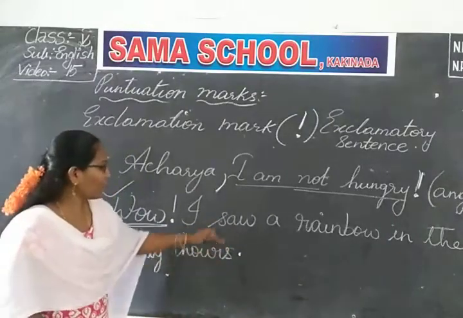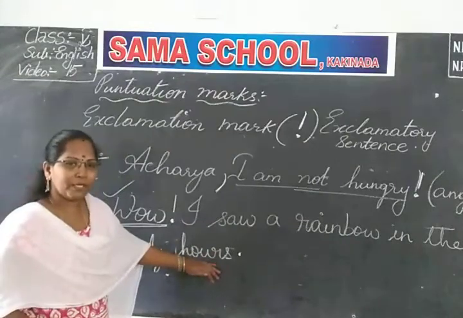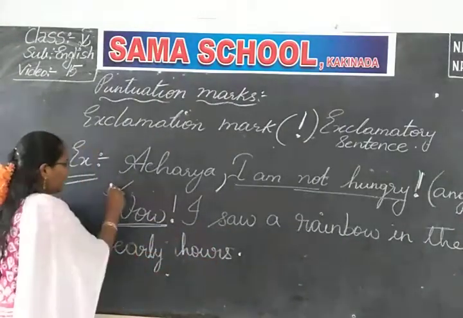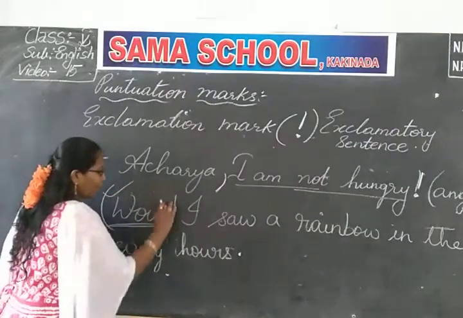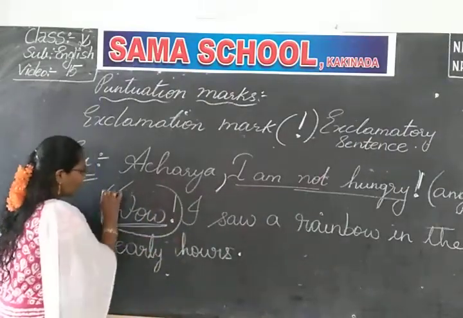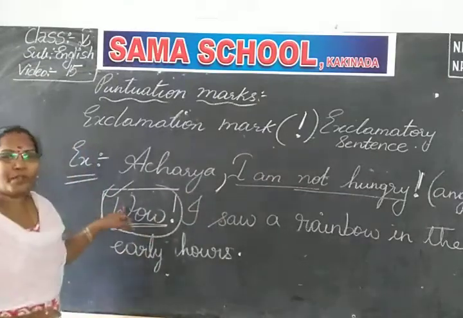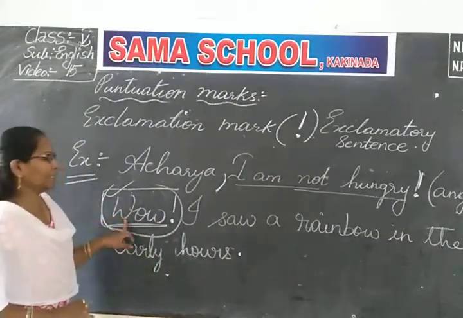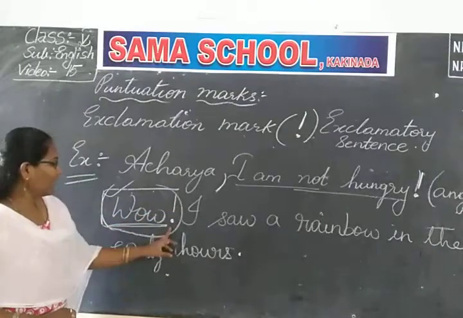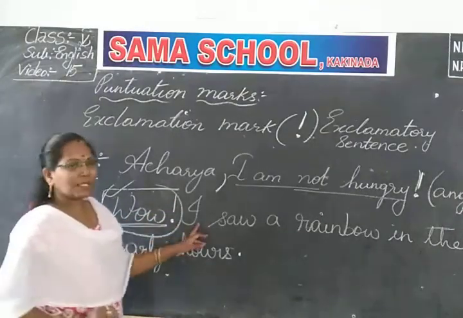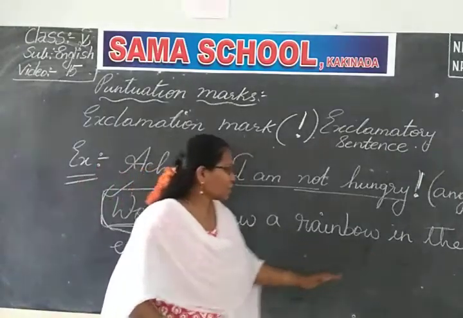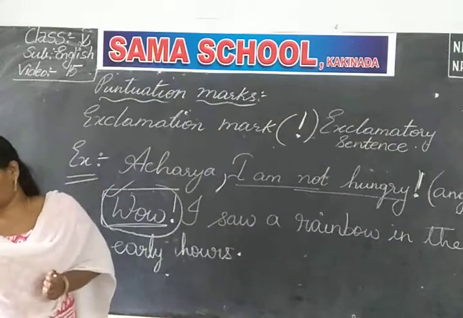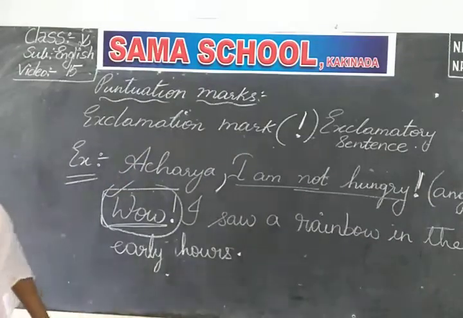So for this surprising event, this surprising view, you have expressed your emotion of surprise by using the word wow, the interjection. So that's why after this interjection word, we place an exclamatory mark. And this is the general information, so after this, we place the full stop. Clear children? Okay.